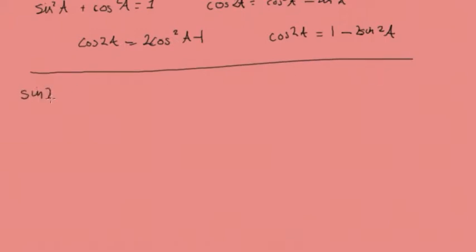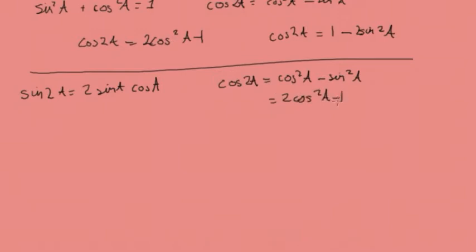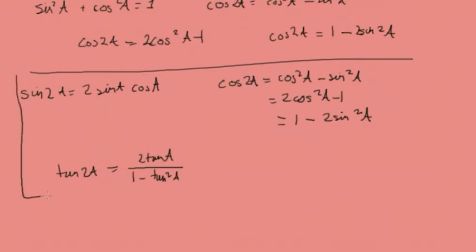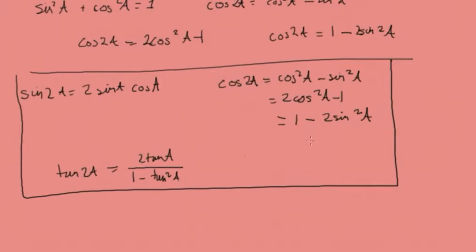For sine, we have 2 sine A cosine A. For cosine 2A, we have cosine squared A minus sine squared A, equal to 2 cosine squared A minus 1, or 1 minus 2 sine squared A. And for tan, we have 2 tan A over 1 minus tan squared A. Now these you need to memorise along with the compound angle formulae as well. So let's look at some examples.